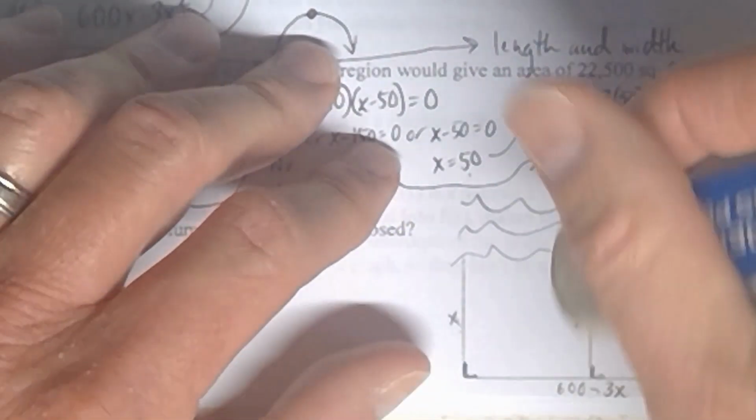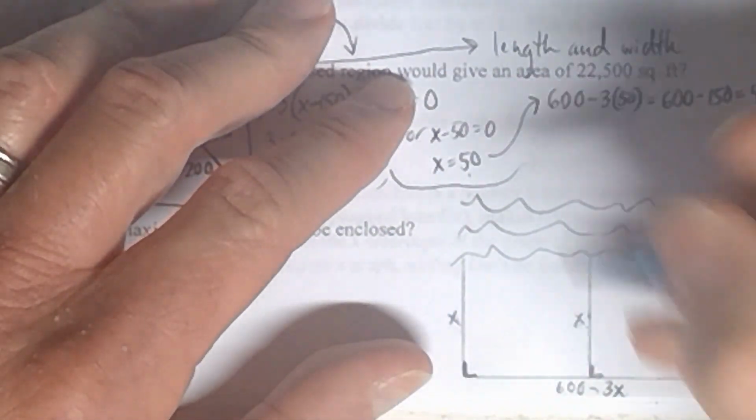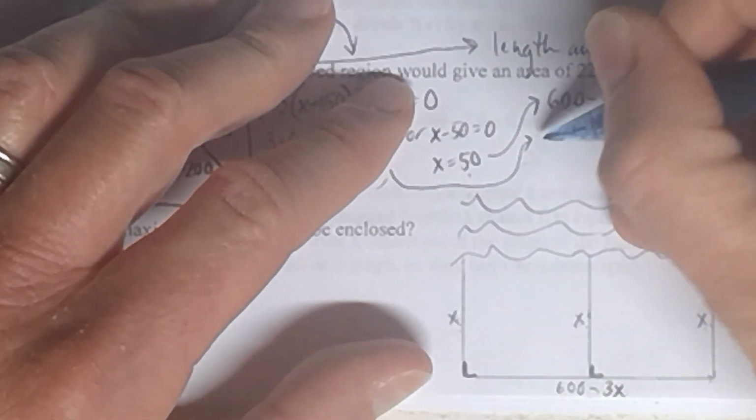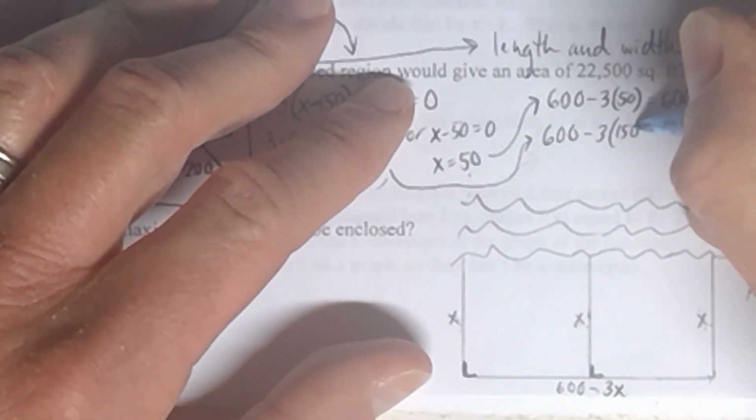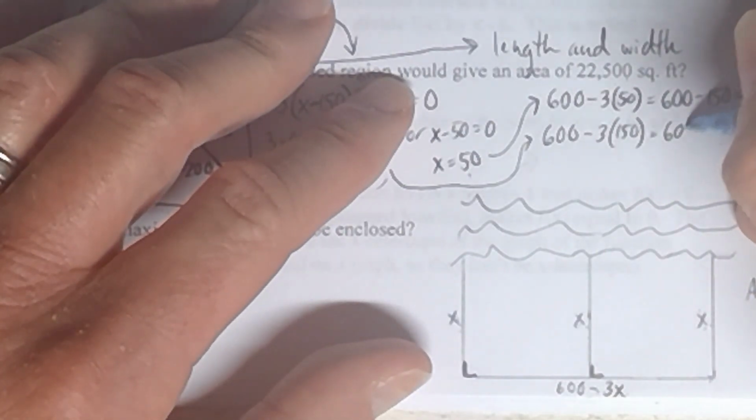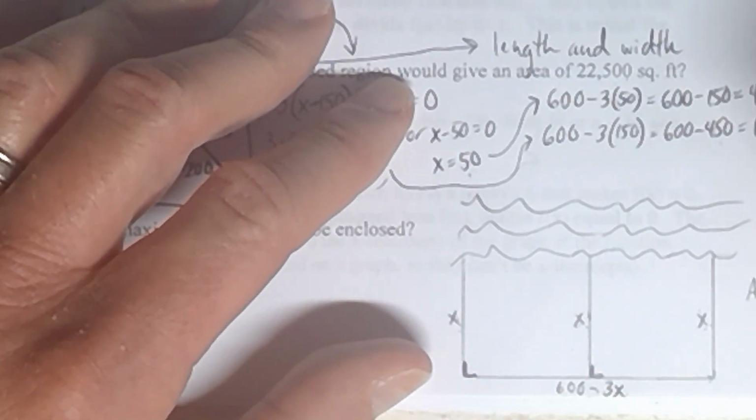Okay, let me give myself some more room here. And so that's going to be 600 minus 3 times 150 now, and that's 450 on the multiplication, so that's going to be 150.